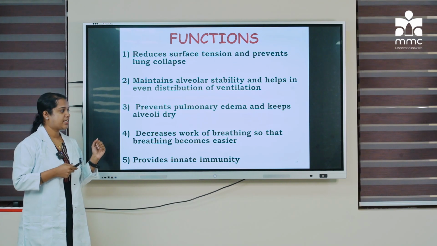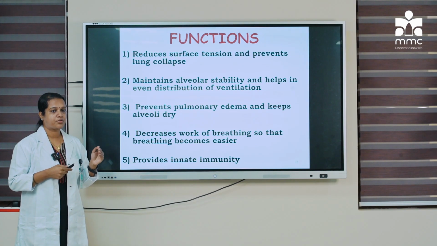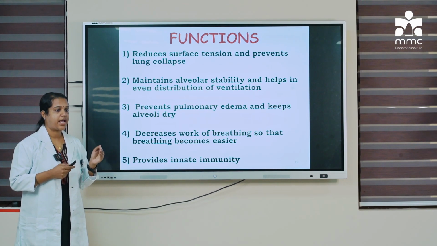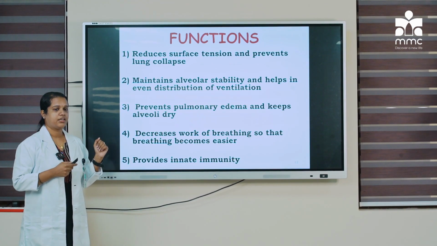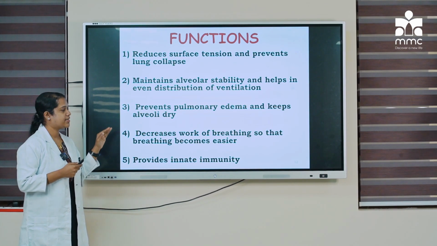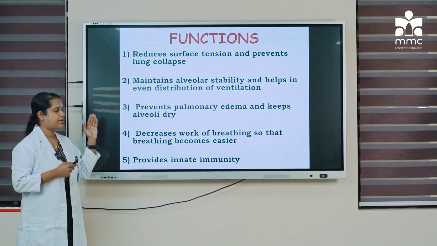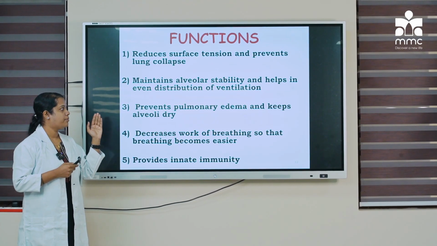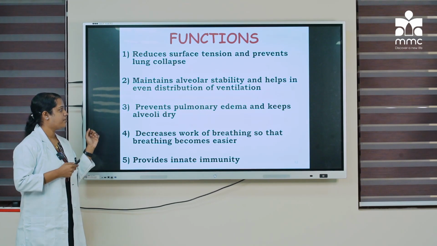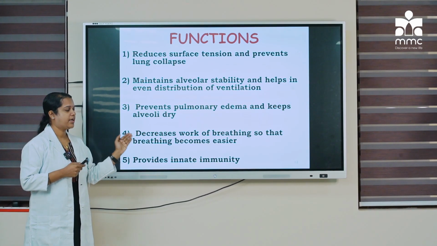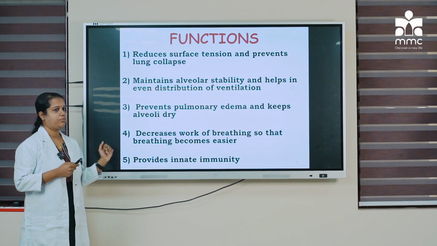By acting as opsonins, they can cause phagocytosis of the bacteria and viruses by the alveolar macrophages, and thereby provide innate immunity. So this slide summarizes the important functions of the surfactant. It helps to reduce the surface tension, maintain alveolar stability, prevent pulmonary edema, decrease the work of breathing and provide innate immunity.